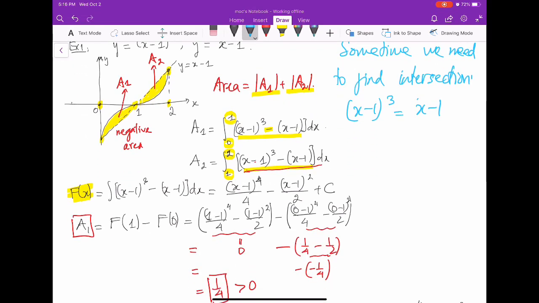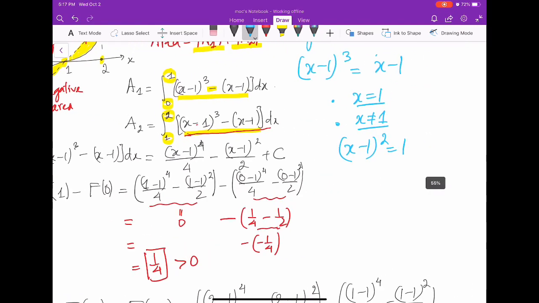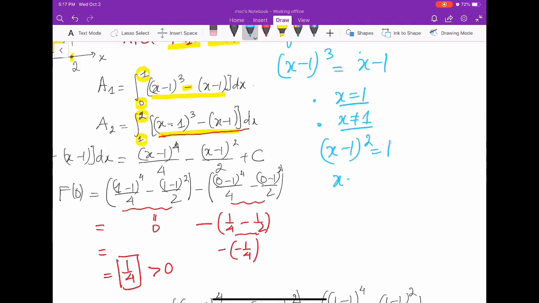You get the first solution x equals 1, which is obvious. If x is not 1, you can divide both sides of this equation by x minus 1. So you get x minus 1 squared equal to 1, right? Then x minus 1 equal to plus or minus 1, you see?